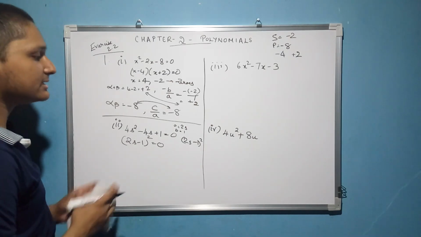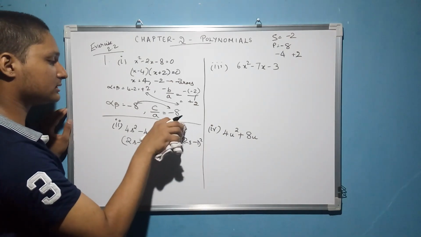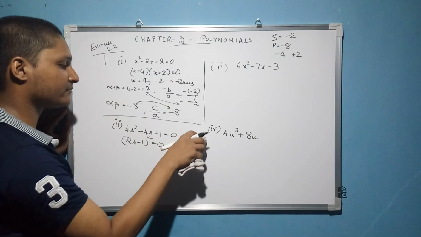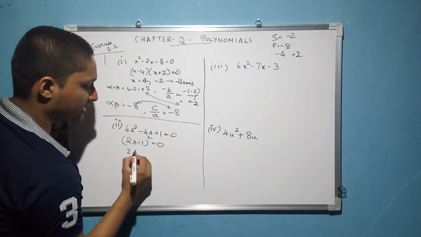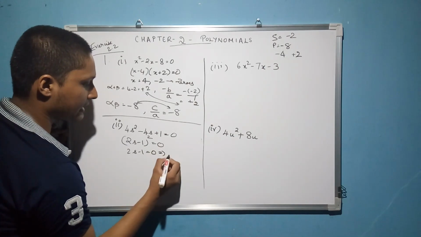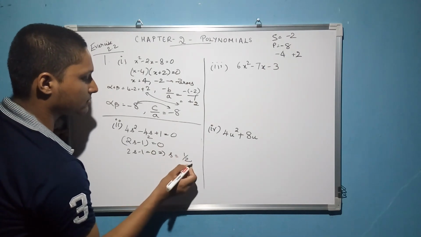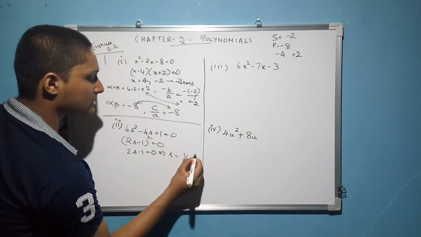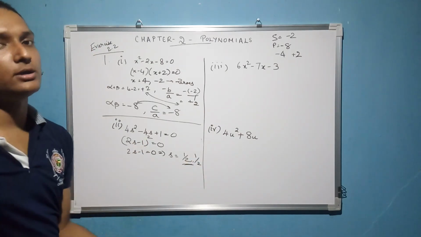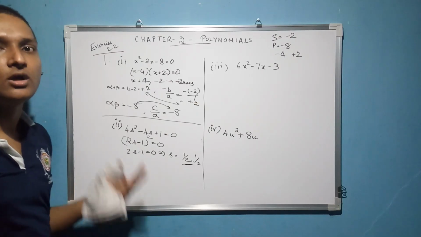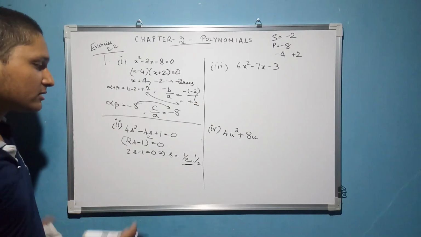Both turn up to be the same terms, right? That's why I just write it as 2s minus 1 is equal to 0. S is equal to 1 by 2. Therefore, both the zeros come to be 1 by 2 itself, because it's the square, right? So 2s minus 1 is equal to 0 and 2s minus 1 is equal to 0. So you are going to get 2 zeros out of that itself.